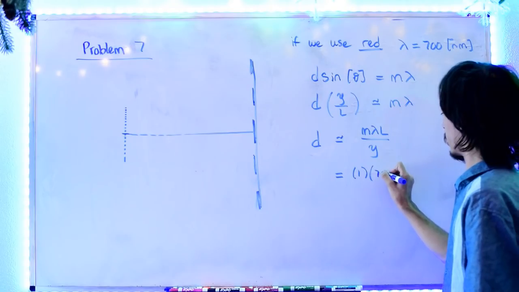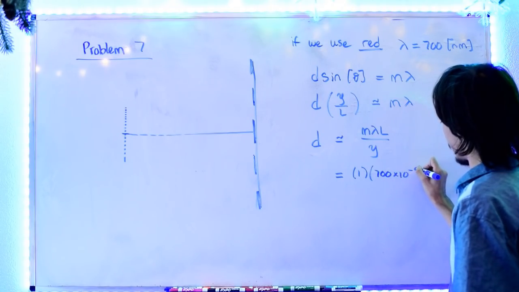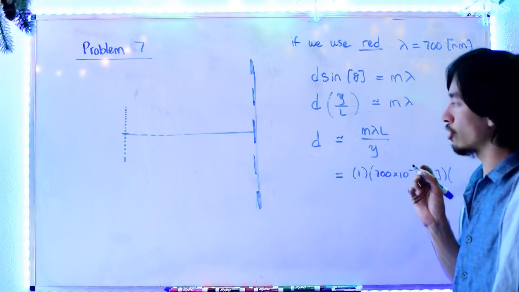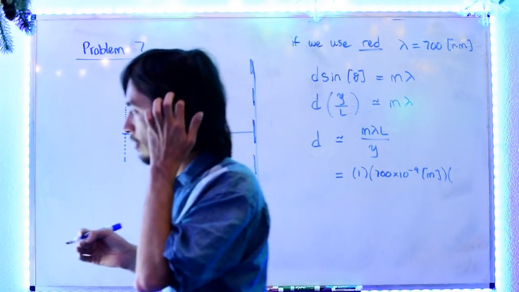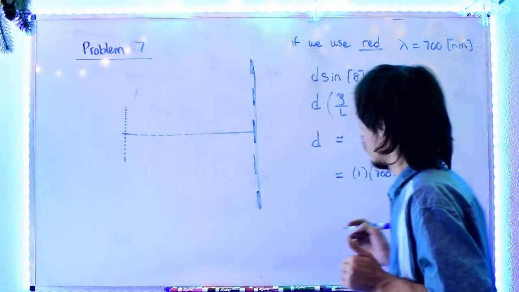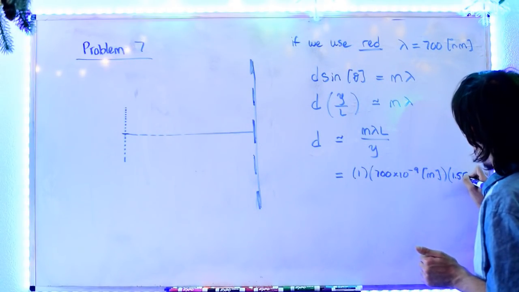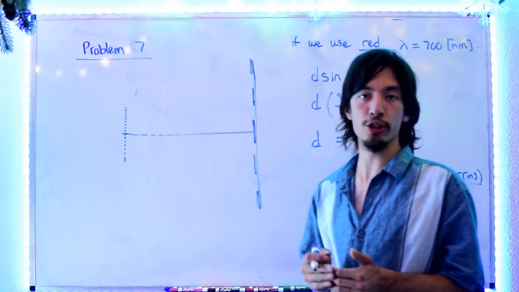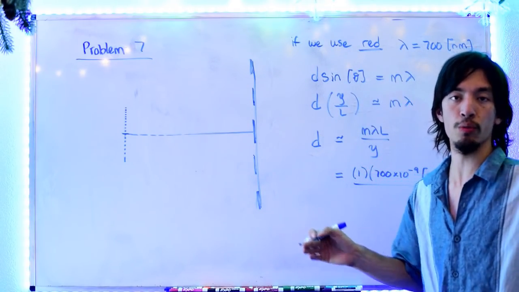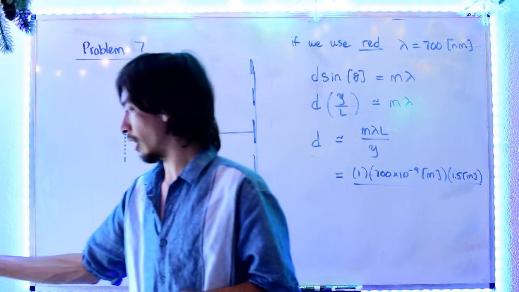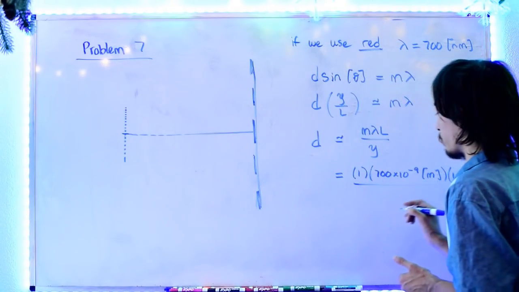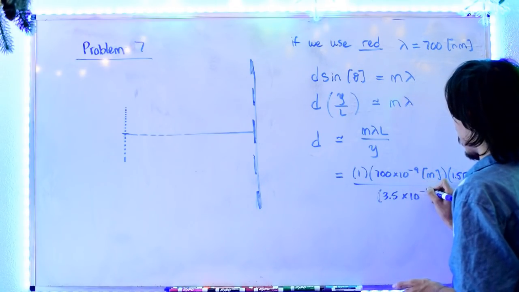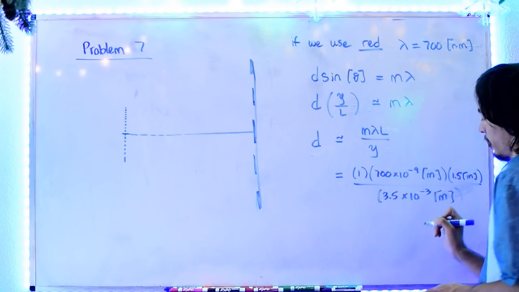So 700 times 10 to the minus 9th meters times the length to the viewing screen, which in our case is 1.5 meters away. So 1.5 meters divided by the distance y from the center to whichever point of interest, which in our case is 3.5 millimeters to that bright fringe. So 3.5 times 10 to the minus 3 for milli.